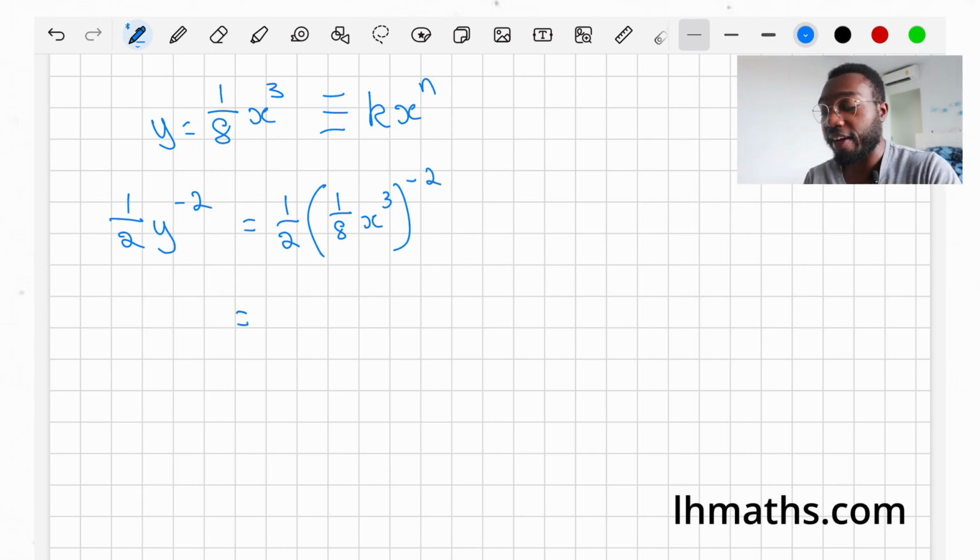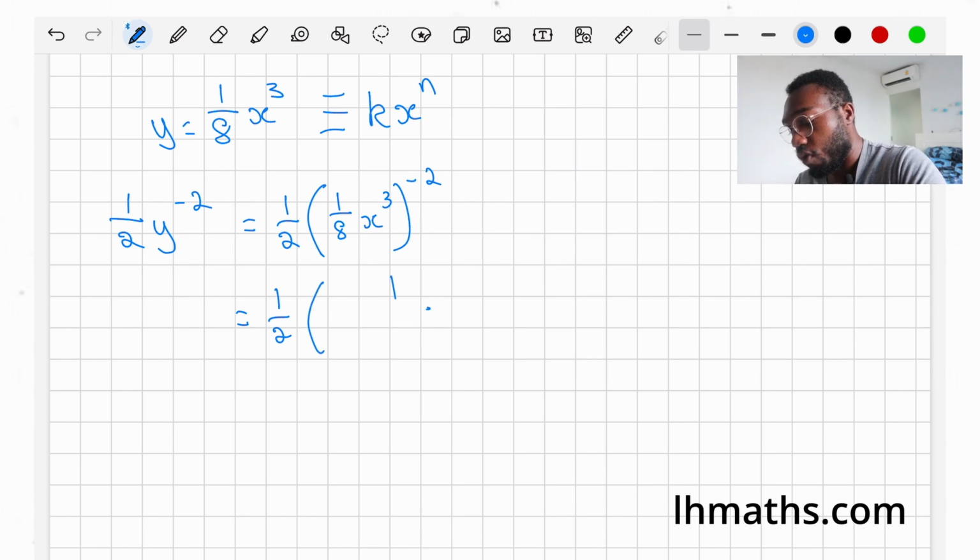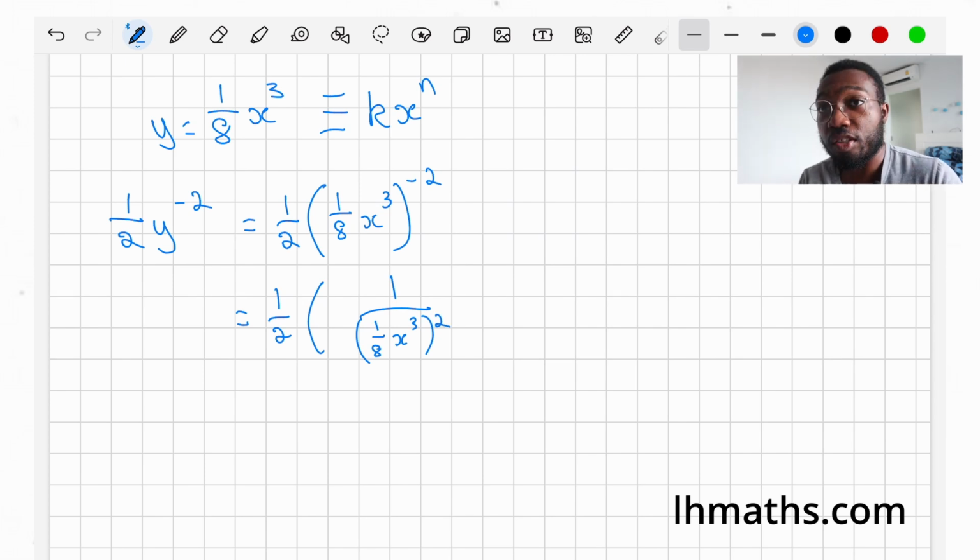So we need to deal with our brackets first before we can even think about the half. So first things first, we can rewrite this all. We'll have a half, times by 1 over 8, x to the 3, and that would all be squared, okay.